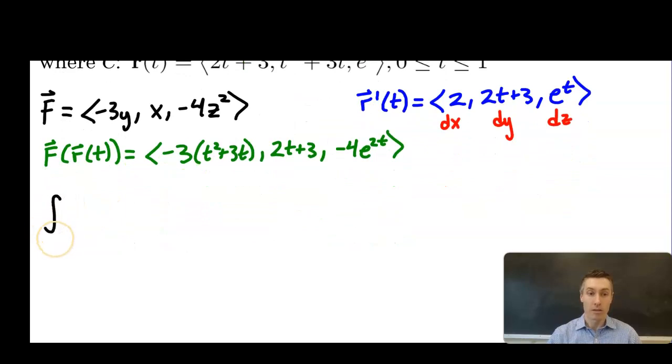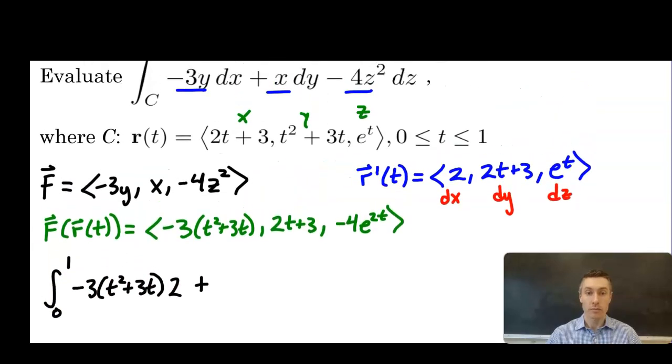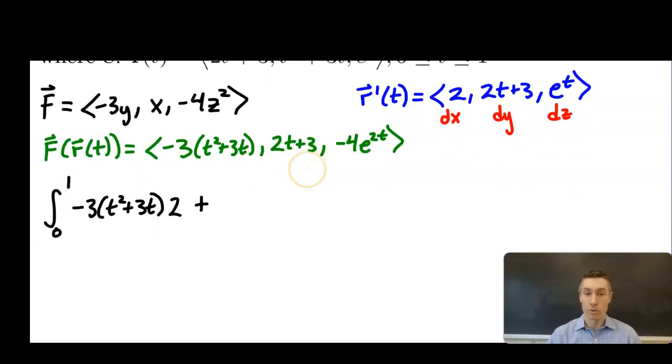So we're going to have the integral from 0 to 1 of negative 3 times t squared plus 3t, and then dx/dt would be 2, and I'll leave the dt for the end. We'll just treat it as a term we factored out. So that's our first term. Then we have the x, so 2t plus 3. dy is 2t plus 3 dt, so another factor of 2t plus 3.